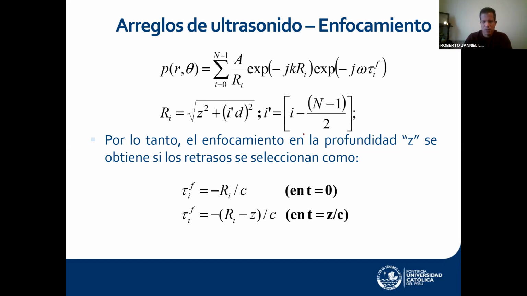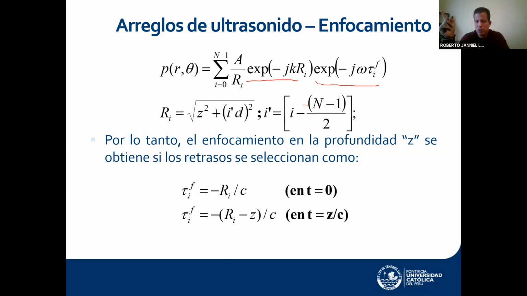So basically it would be something like this, right? I have dS, I have the e to the minus jkr, and then I apply my delay, which is e to the minus j omega tau sub i. I just apply some focusing tau, where r sub i, we already know, would be the distance from one element in the array to the focal depth.